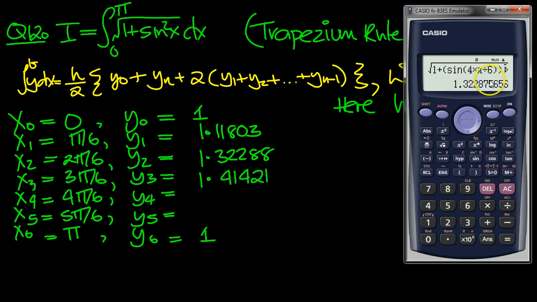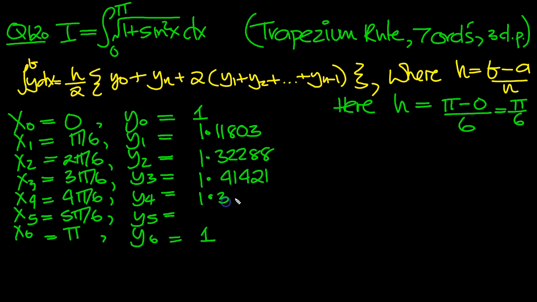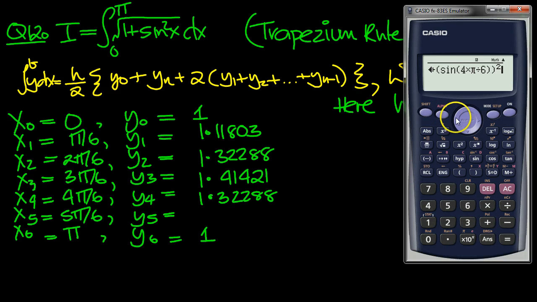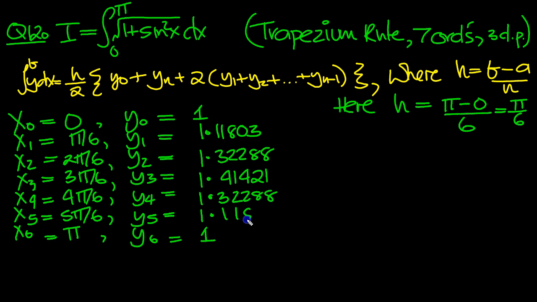It's 1.32288, as before. And then the y5. So we've got 5 pi over 6 now, haven't we? 5 pi over 6, and then we get 1.11803 as before. So we've got our values then, we can put them in.